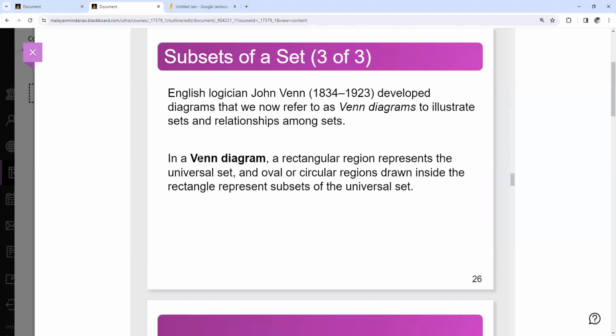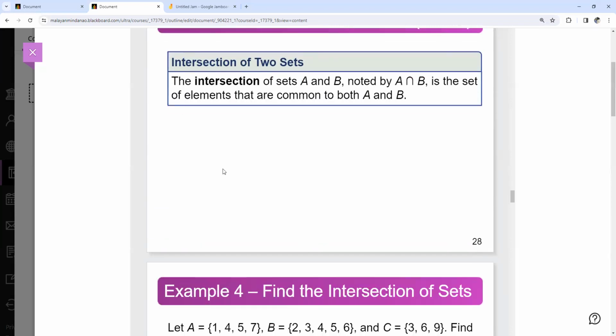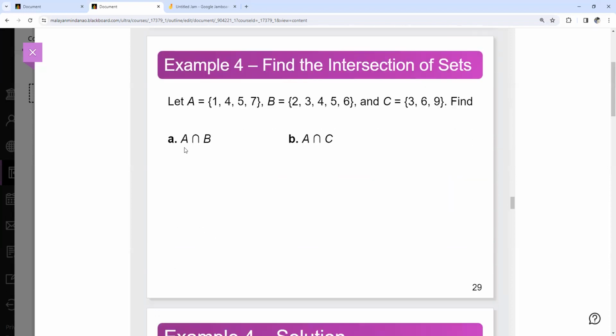A Venn diagram is a diagram that you can draw so that you can visualize sets. Now, intersection. The intersection of sets A and B, noted by the inverted U symbol, is the set of elements that are common to both A and B. For example, you have set A, which is 1, 4, 5, 7, and set B, which is 2, 3, 4, 5, 6, and set C, which is 3, 6, 9.